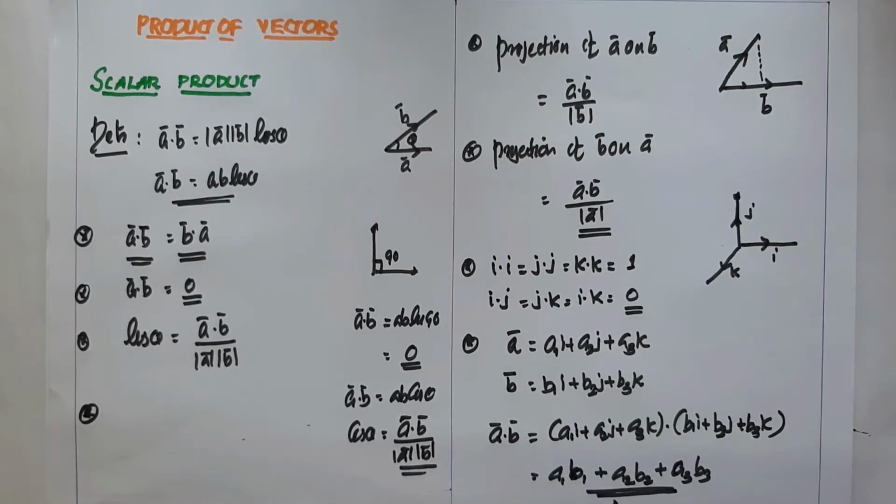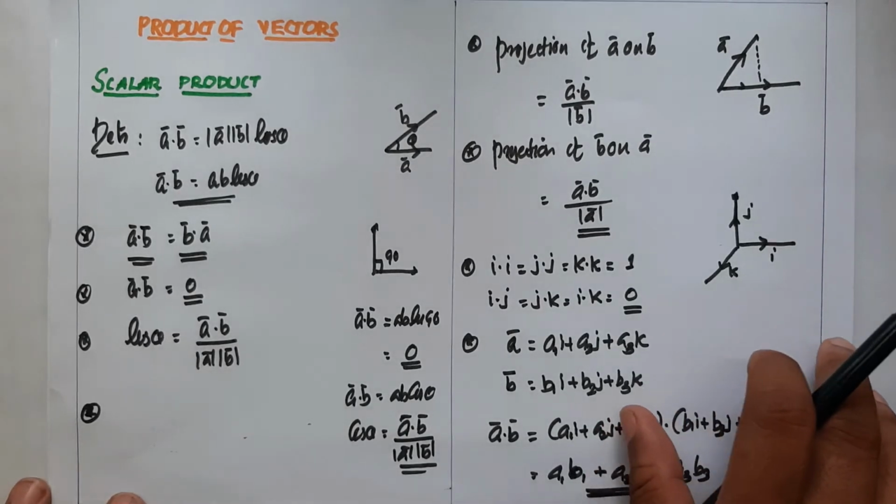That's all. That is the formula for the dot product of two vectors: A1 B1 plus A2 B2 plus A3 B3. These are our main points regarding the scalar product. There are two more results, but these are the main points.